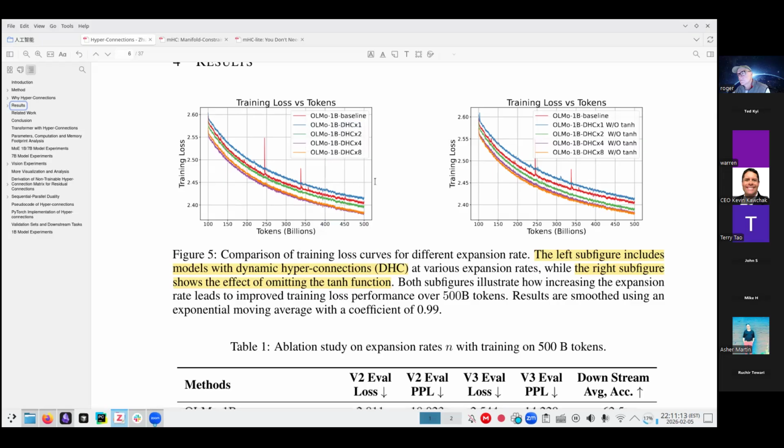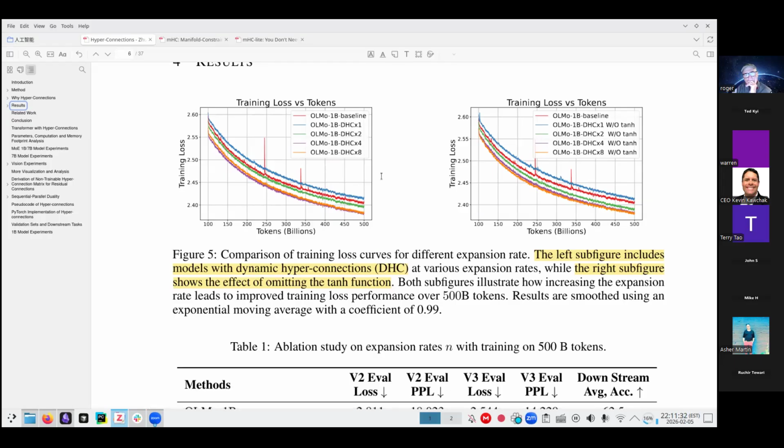So they said in this paper that you need the number of streams n to be greater than one to make a performance increase.